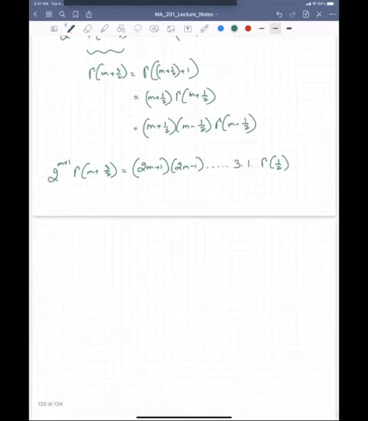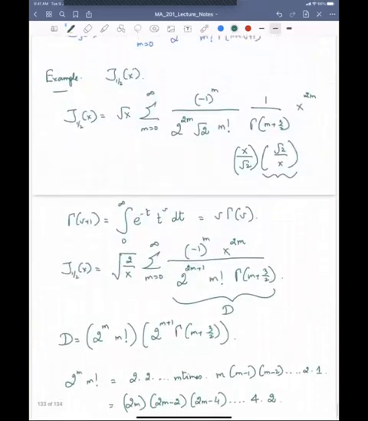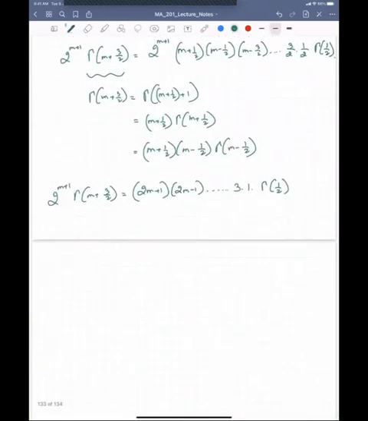So the only thing that remains to be done to evaluate j1/2 is to basically find out what gamma of 1/2 is, but gamma of 1/2 is actually a straightforward integral. Gamma of 1/2 is basically 0 to infinity e to the minus t, t to the minus half dt.